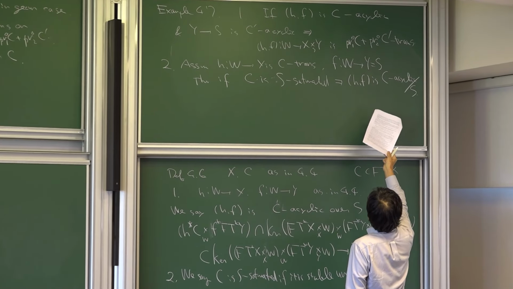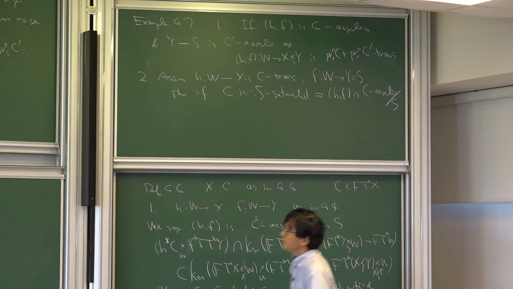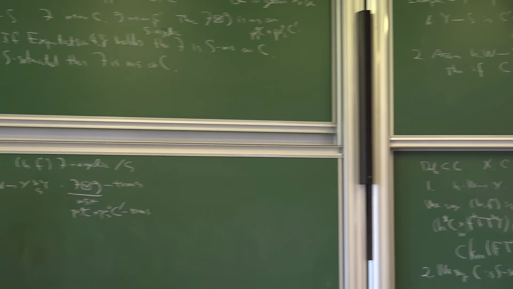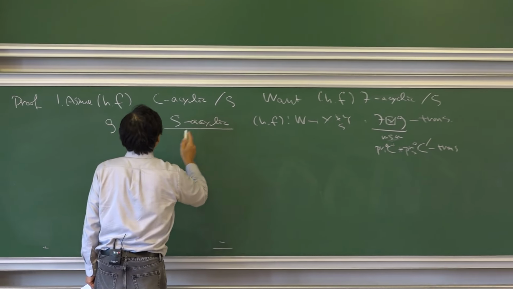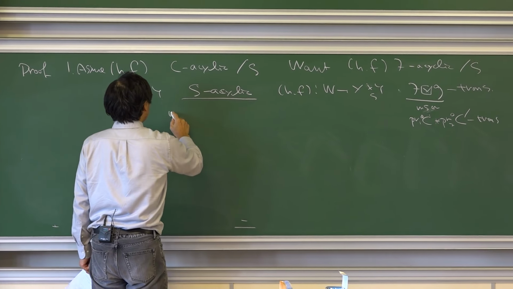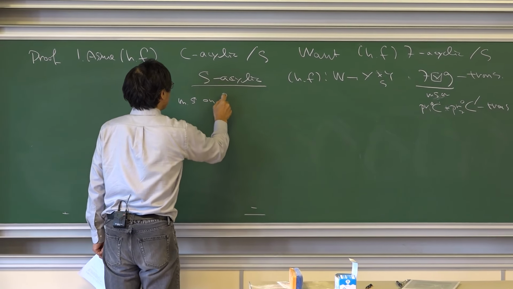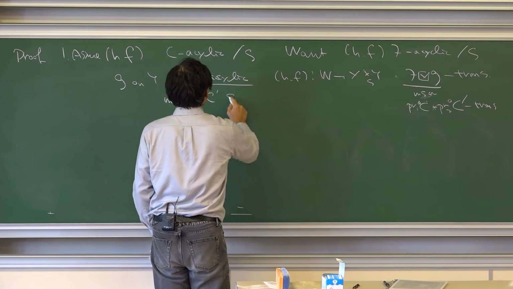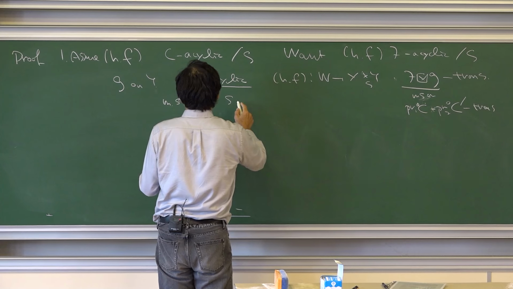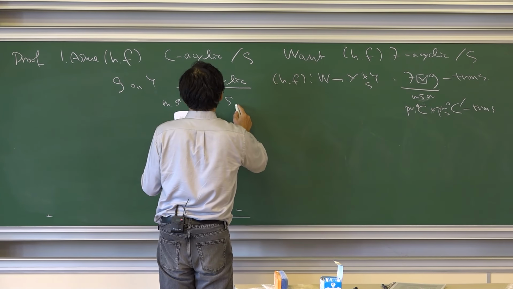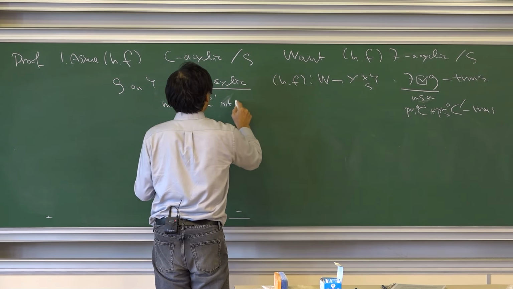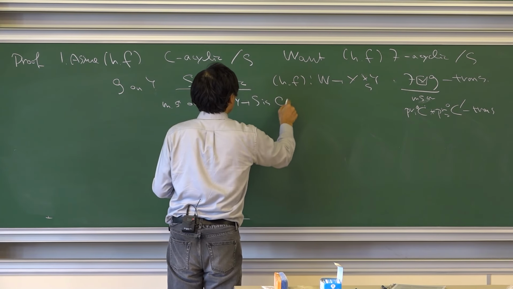this pair is this. C is micro-supported where? The same C? Sorry, this is C prime, and so S acyclic means that this is micro-supported on C prime, which is S acyclic, which is such that Y to S is C prime acyclic.